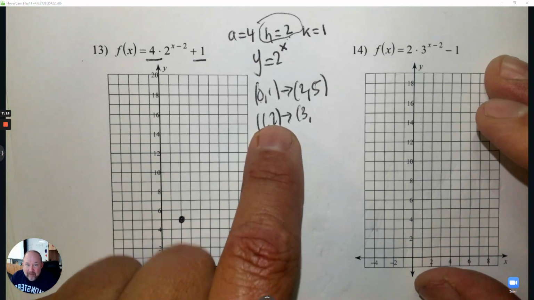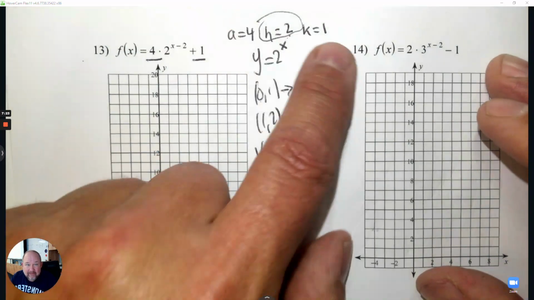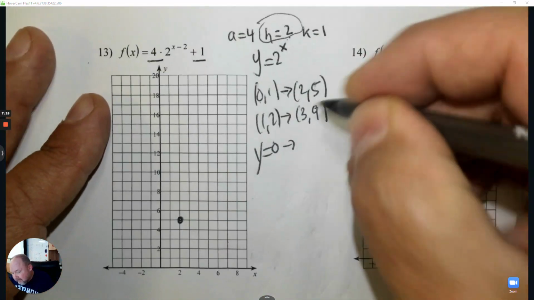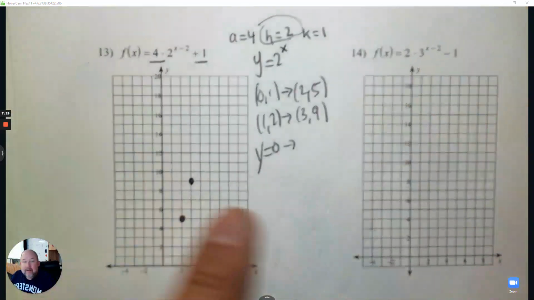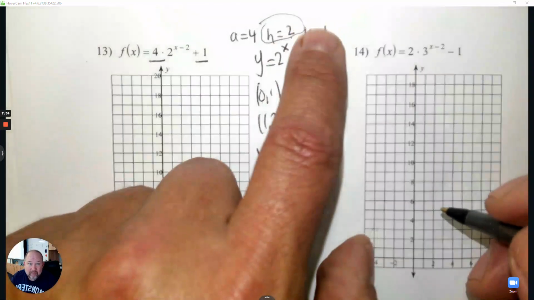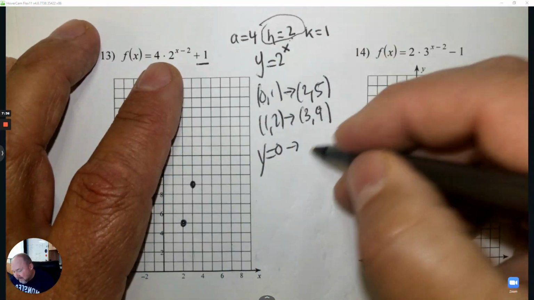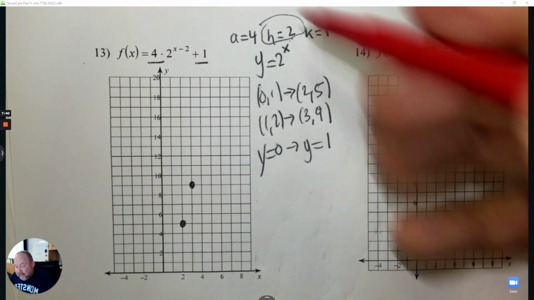I'm going to do it again. 2 times 4 plus 1. So 2 times 4 is 8, plus 1 more is 9. Find 3 and 9 on your graph. And then the asymptote. When you multiply times 0, it stays 0. So if I add 1, whatever the k value is going to be where my asymptote is. I'm only going to graph this.